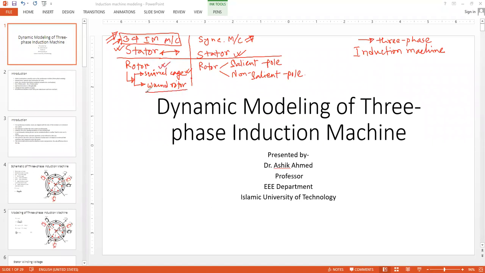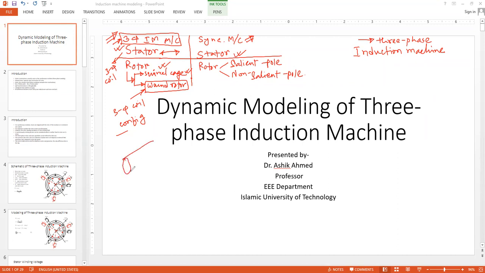However, for the wound rotor case, we have three-phase coil. Three-phase coil configuration. So if it is a wound rotor machine, in that case, the stator carries three-phase coil and the rotor also carries three-phase coil. However, if it is a squirrel cage type, then the stator only carries the three-phase coil, A, B, and C, but the rotor doesn't carry the three-phase coil configuration.